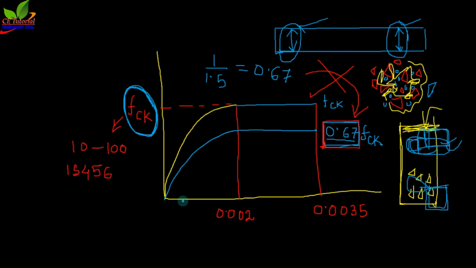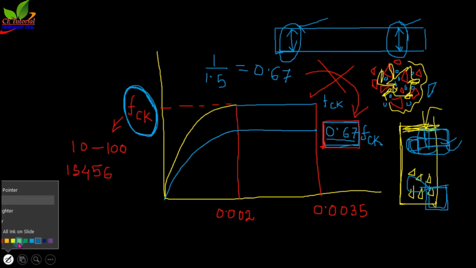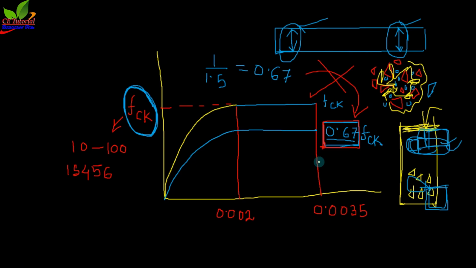Now go back to the slide of the stress strain curve of concrete. Now we have to apply the factor of safety on this second curve, that is 0.67 FCK. If we apply the factor of safety, then this curve will be like this.